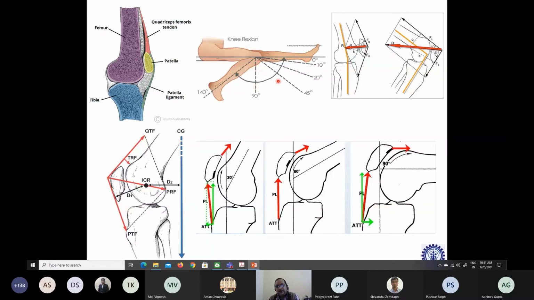Now, as you can see, when you flex and extend your knee, the position of the patella with respect to the knee joint actually changes drastically. It is actually swiveling over. So during flexion, you can see how the position of the patella is going inside the groove.